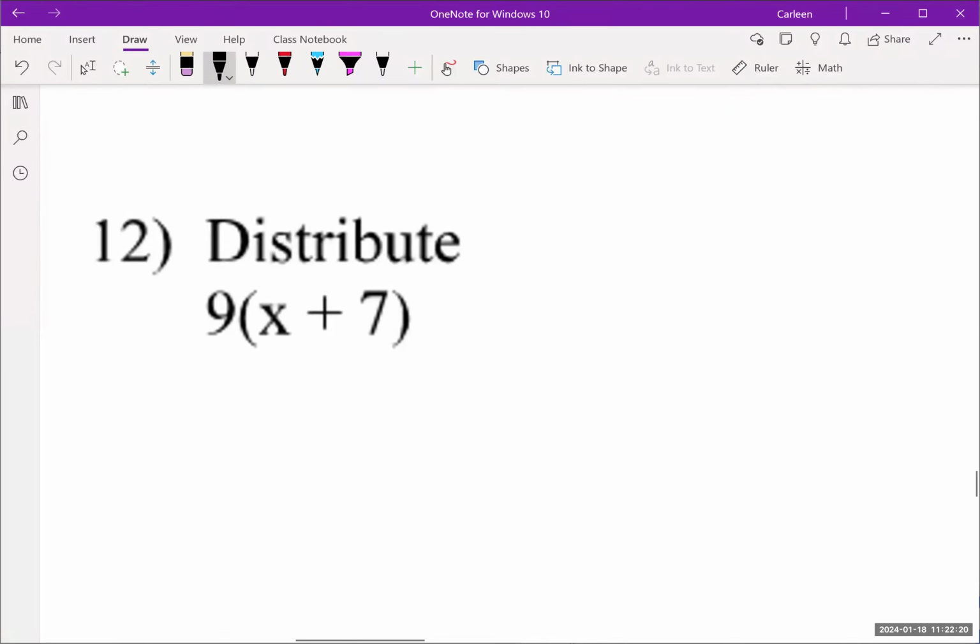Okay, a little bit of review. What does it mean to distribute? What does that mean? Okay, so we're going to multiply. And we're going to get what? When I teach pre-algebra, I call this Angry Birds.